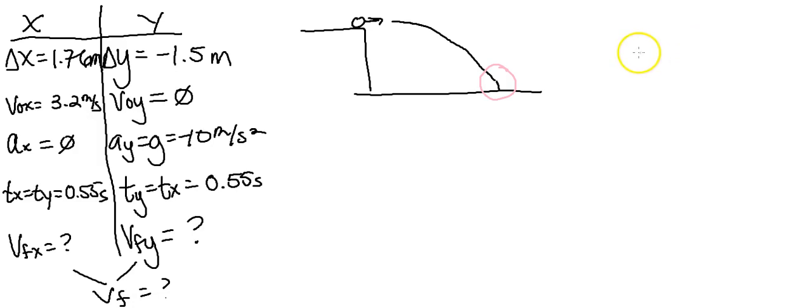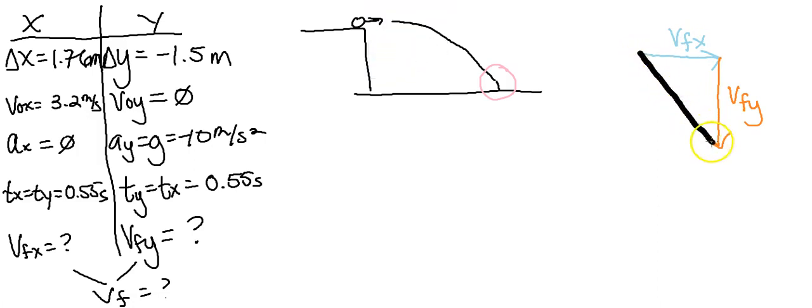It's in the x direction, going this way. And then we're going to have a component of our velocity, which is in the y direction, going straight down. So this part would be your v final y, and the other part would be your v final x. And when you put those two together, that becomes your resultant vector, which is your final answer of right here. So that is our plain old v final.